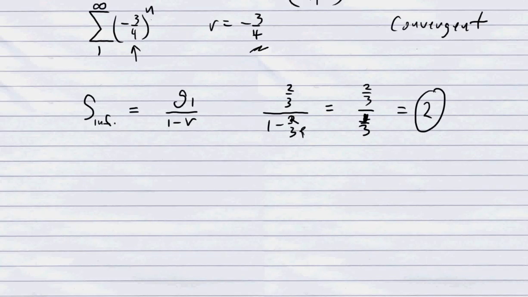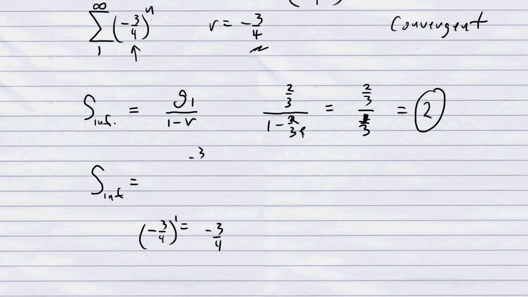Now, the second one. The infinite sum here is going to be g sub 1 over 1 minus R. In this case, we need to calculate what g sub 1 is because it's not given. That's going to be -3/4 to the first power, which is -3/4. So again, the R value and the g sub 1 value are the same.